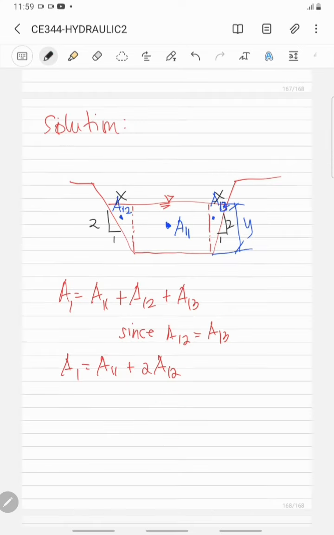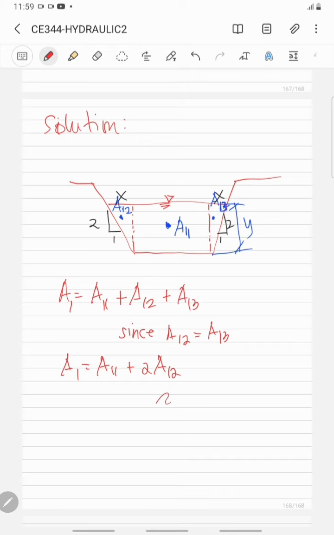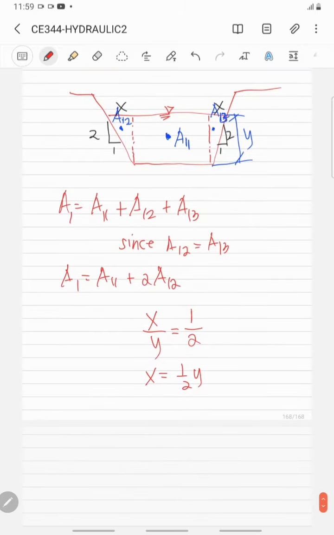Solving for x, by ratio and proportion, x over y is equal to 1/2. So we express our x in terms of y: x is equal to 1/2 y.